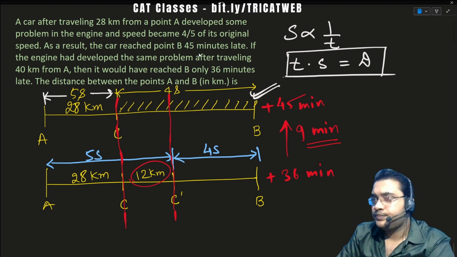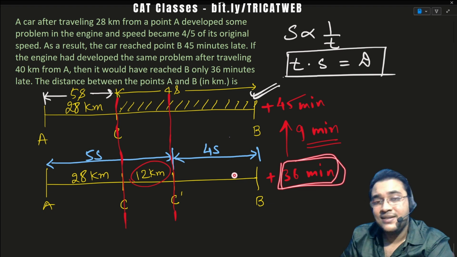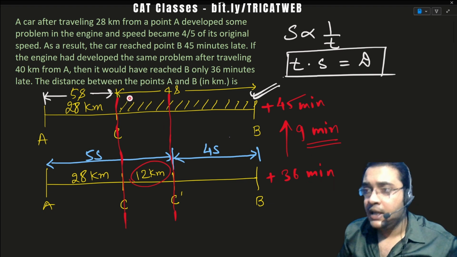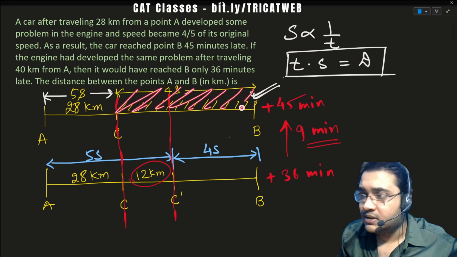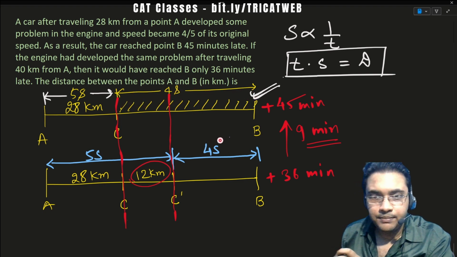Please understand one thing that is very crucial to solve this question. The delay of 45 minutes in the first case and the delay of 36 minutes, why does this happen? Please understand this very carefully. The delay is happening because this distance in the first case is traveled at a reduced speed.